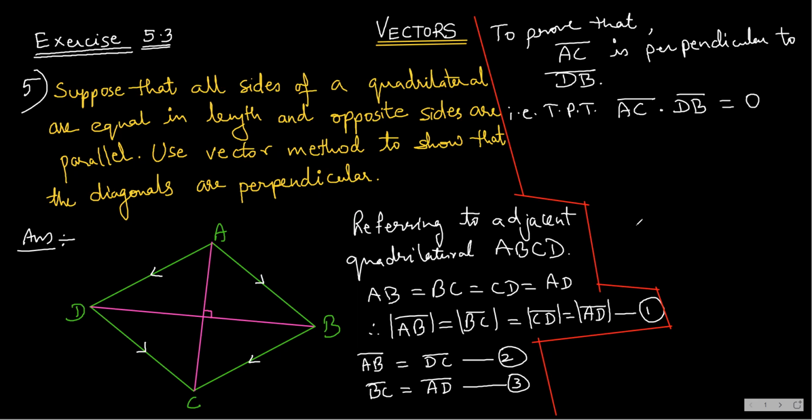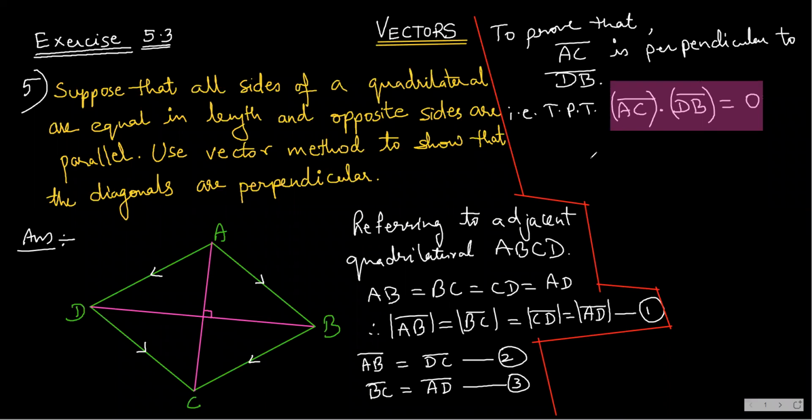As you know, students, if the dot product of two vectors is equal to 0, then the two vectors are perpendicular to each other. So what is my aim here? My aim is to prove that AC bar dot DB bar is equal to 0.